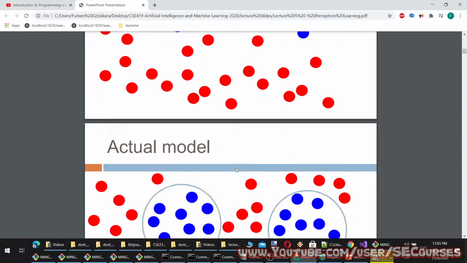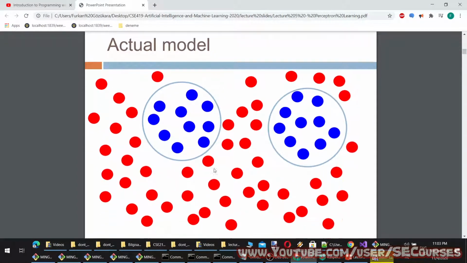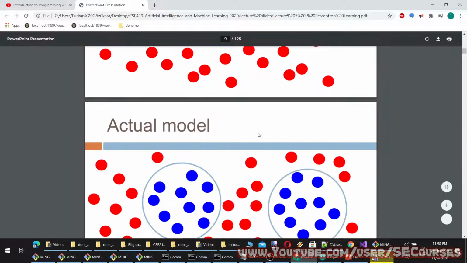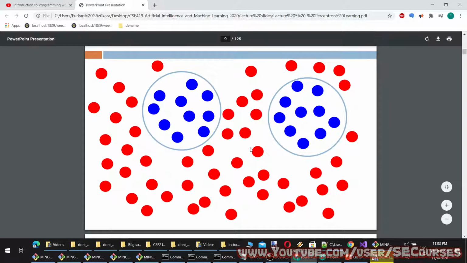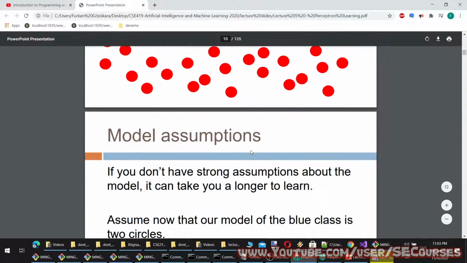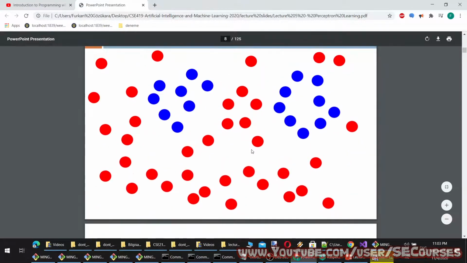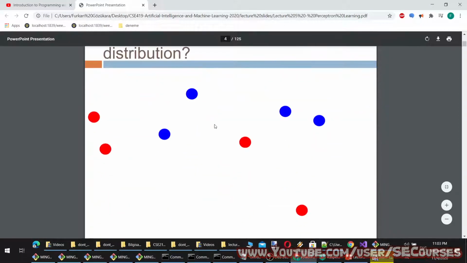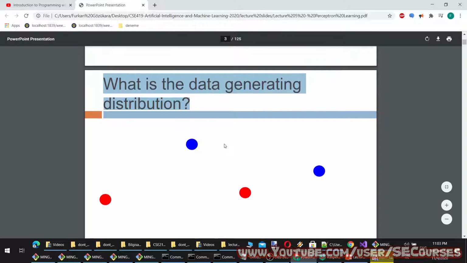How you are going to distribute your data, or let's say generate your data, may affect your final output.